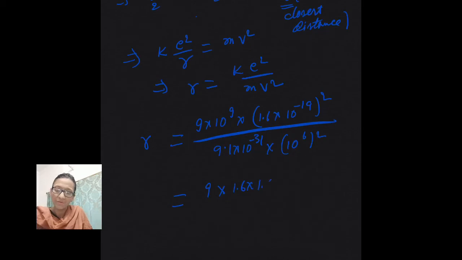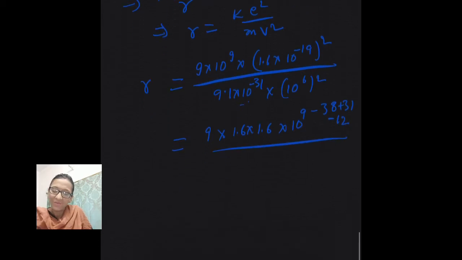So let me simplify this further. 9 into 1.6 into 1.6 into 10 power 9 minus 38, and if you take this exponent 10 power minus 31 from the denominator to the numerator, you get plus 31, and from here you can get minus 12.